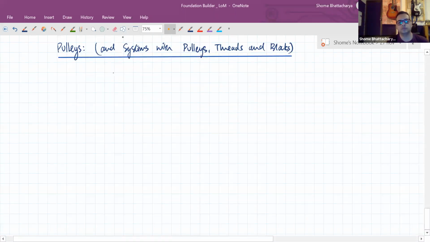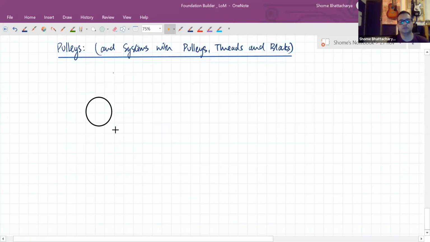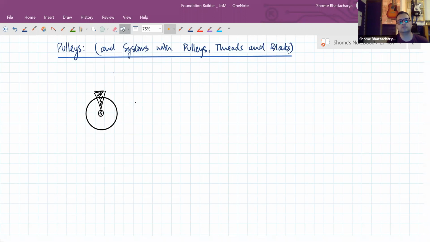So generally when you will come across a question with a pulley in this chapter, the pulley will be shown to you as the side view like this, shown as something like this, like a pulley attached to the ceiling.